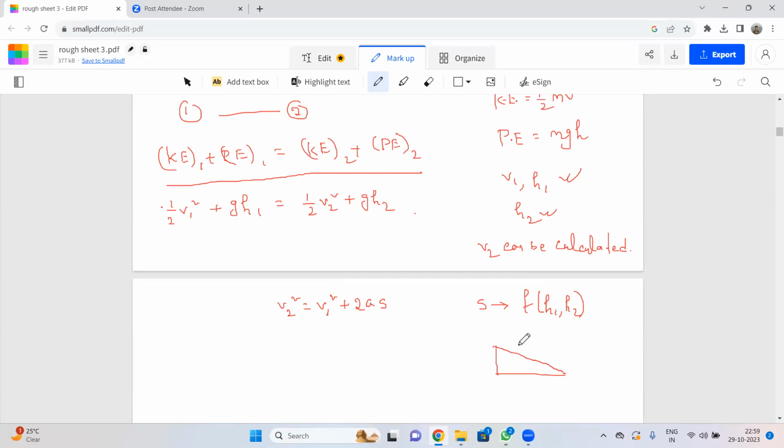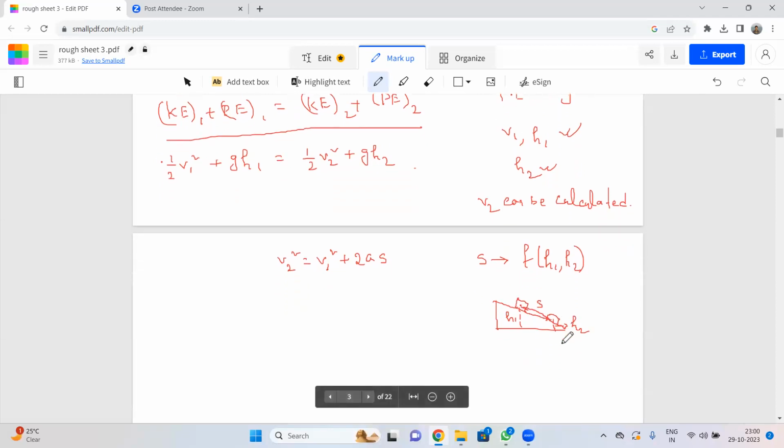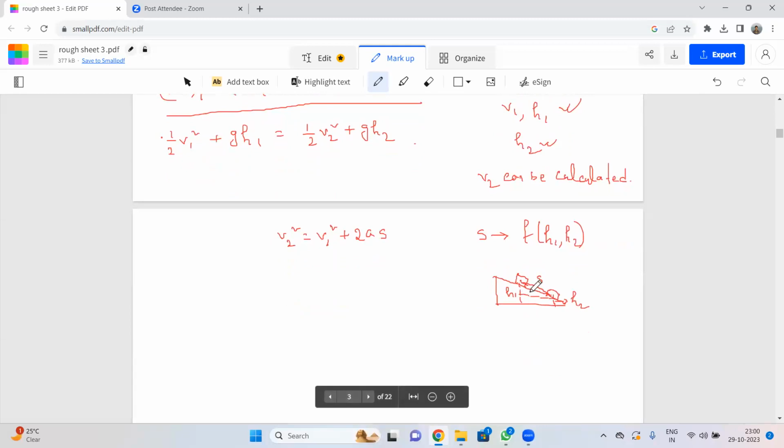Suppose it is given that in an inclined plane, we have one block. Here the height is given, suppose H1. Here the height is given, suppose H2. So what is the displacement? That is the shortest distance, which you can calculate from this right angle triangle.